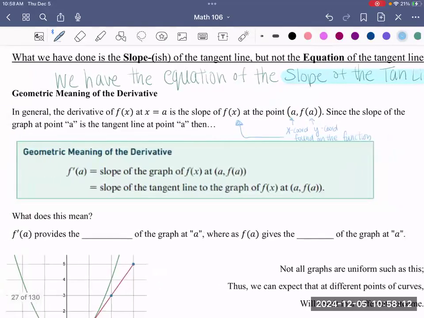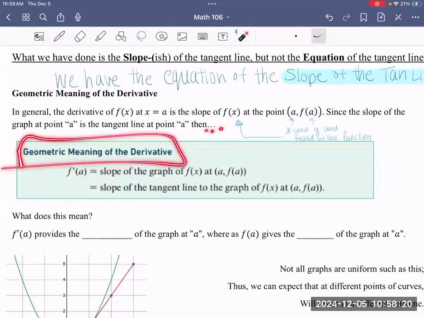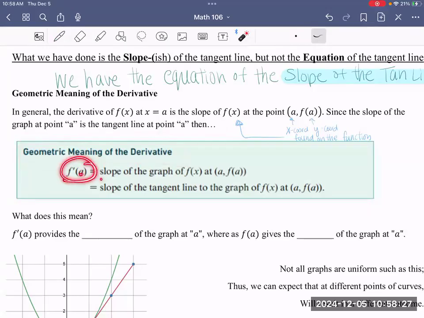Now, since the slope of the graph at a point A is the tangent line at the point A, then when we talk about the meaning of your derivative, it's just saying that the first derivative of A is the slope of the graph of that particular function at the particular point.